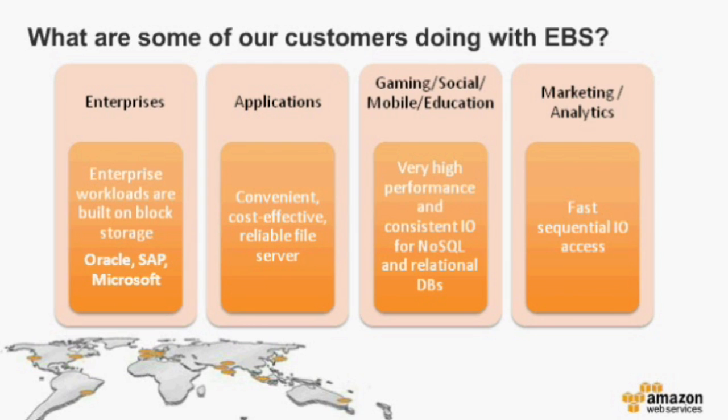One of the things that you'll hear me say a couple of times in the next 45 minutes is that if you're running databases, they should be on EBS, and they should be on a specific kind of EBS from us called provisioned-IOPS, and we'll go through what that means. Certainly Oracle's database, Microsoft SQL Server, MySQL, Postgres, all of the relational databases, as well as NoSQL databases like MongoDB, Couchbase, and Cassandra, are the kinds of systems that benefit very strongly from high-performance provisioned-IOPS EBS storage. We'll go through that as well.